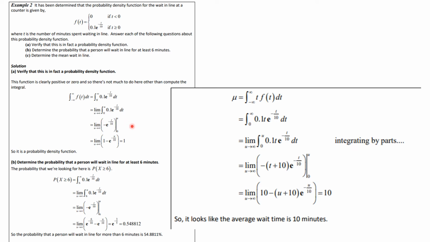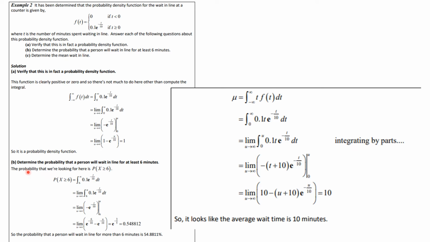Now we learned how to do this when we're thinking about improper integrals, and so we'll do that evaluation, and we get that this is 1 minus e to the minus a over 10, and the limit as a goes to infinity. This is e to the minus a over 10. That's in the denominator, so that goes to 0, so this is 1. So this is a probability density function.